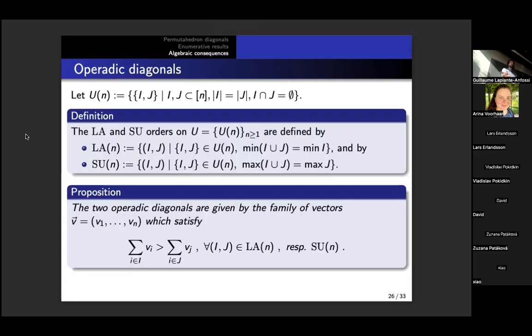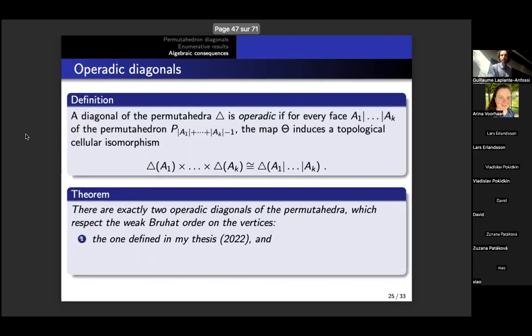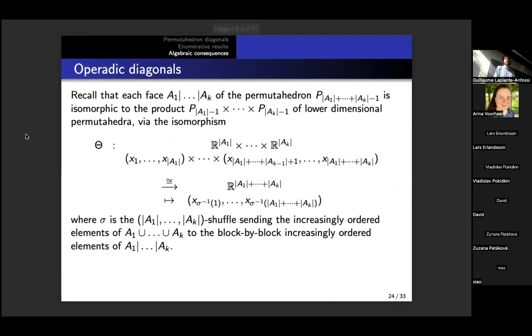You choose one of these families of vectors, and then you look at the isomorphism theta, and imagine that in the target you have one such vector, and then you pull it back along theta, you unshuffle it in this product on the left.